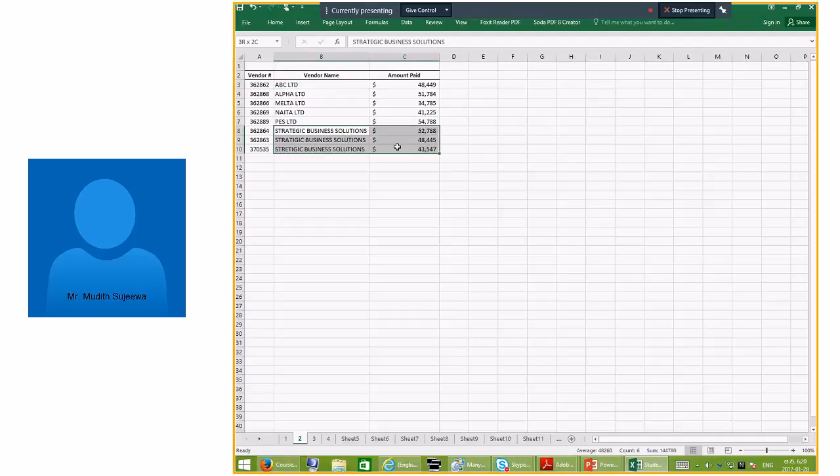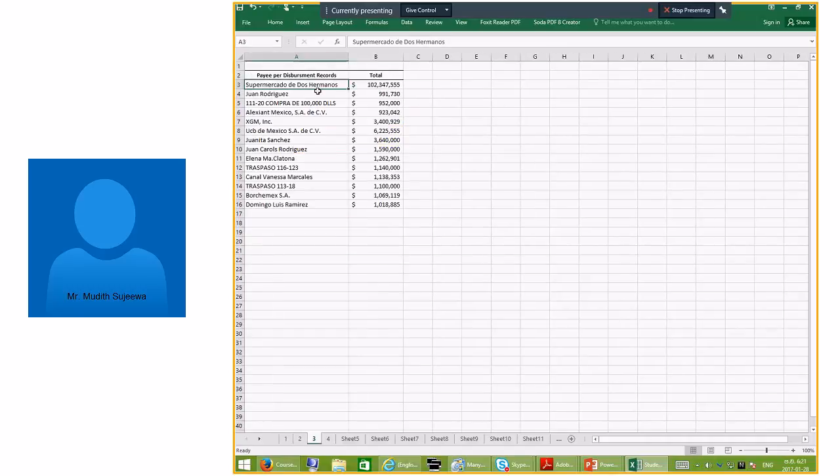What about this? We find here strategic business solutions. Here what is that? You know, spelling is different. Yeah, again different. So something wrong with that. So we don't know what this is, right? Let's look into this. These are some red flags. You understand? Here you see another scenario.